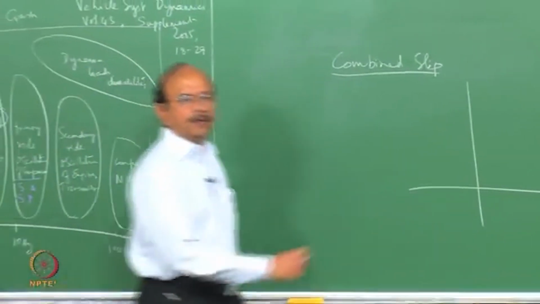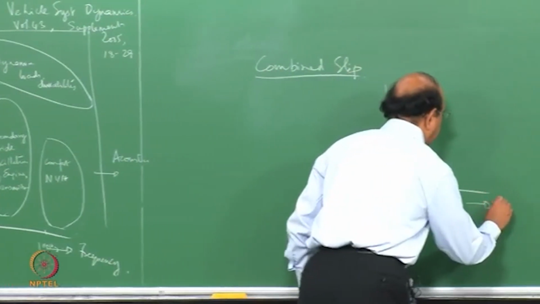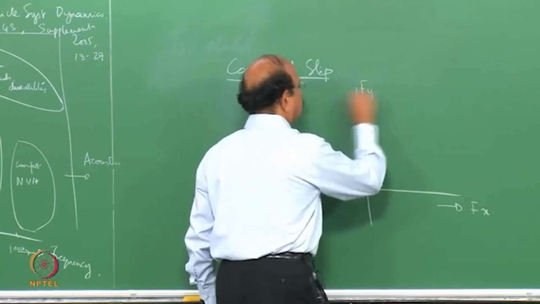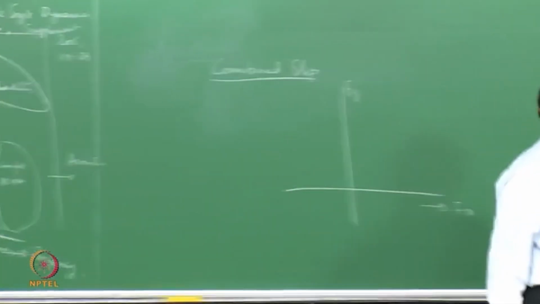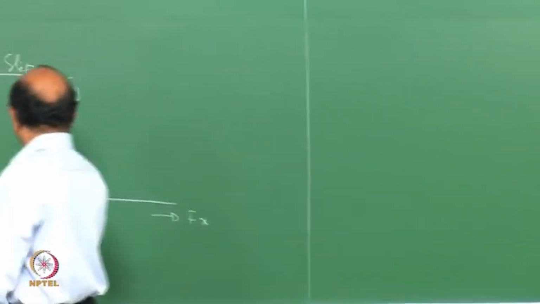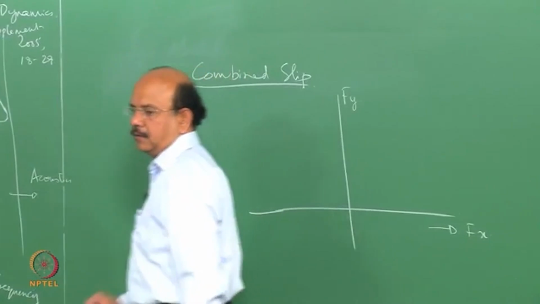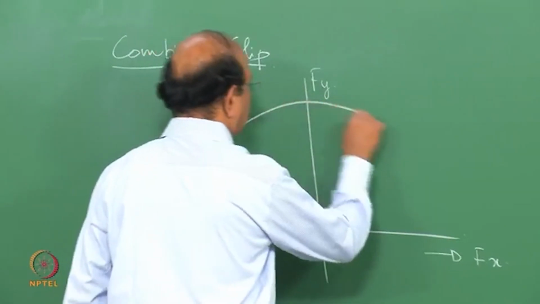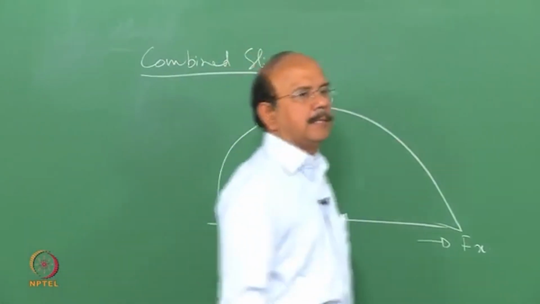If I now plot, say for example, the force Fx and the force Fy, okay, if I now plot this graph, because of certain reasons of anisotropy and so on, this would become an ellipse, something like this.